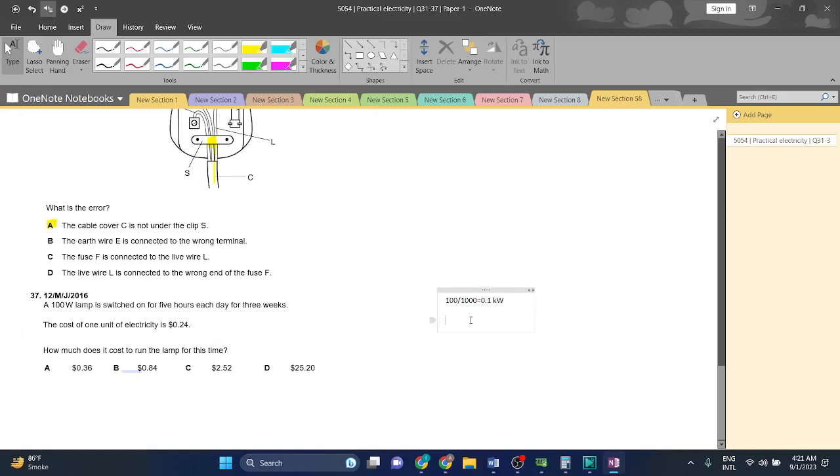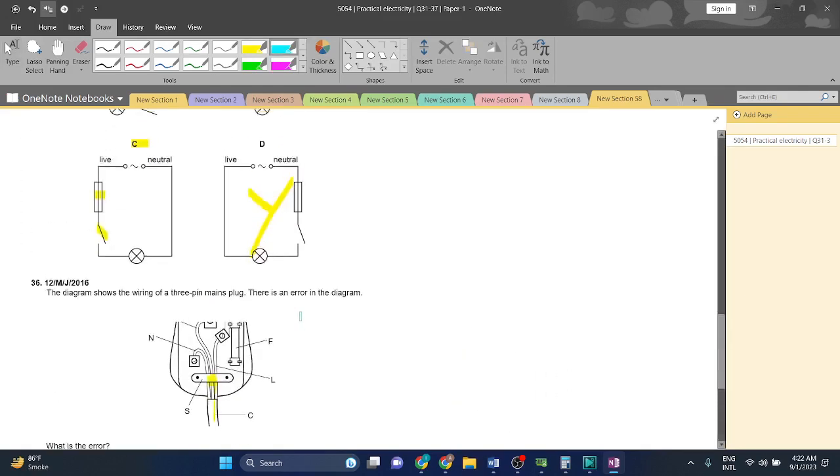First we're going to calculate the number of hours: 5 hours times 3 weeks and 7 days, so 105 hours during this whole duration. We have the power, we have the time, and we have the price of the unit, so 0.24 times 0.1 times 105 will get us an answer of $2.52, which will be C. C is the right answer.